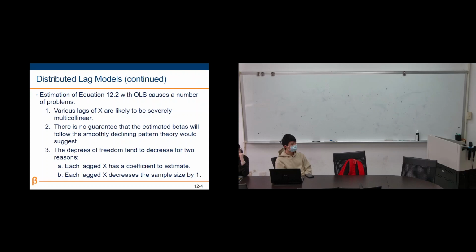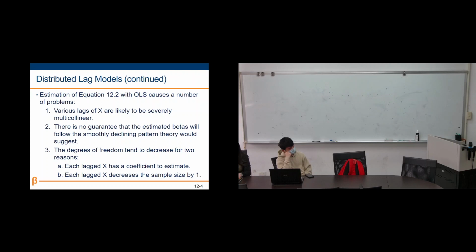What does that mean? Go back to sales and expenditures. It means that the current expenditures may have a direct effect on the sales in the same period, and the previous ones also affect the current sales. But the longer ago the advertisement, the less the effect on the current sales, isn't it?